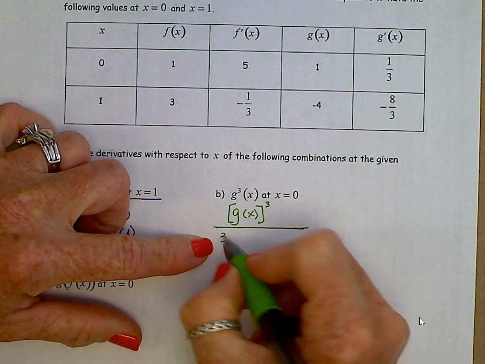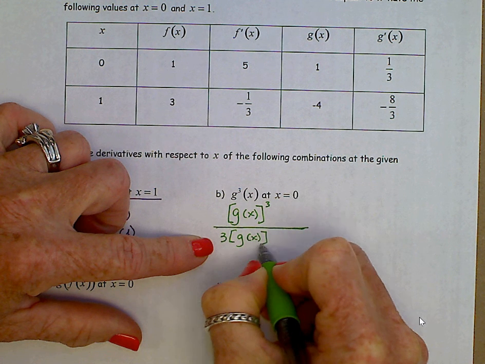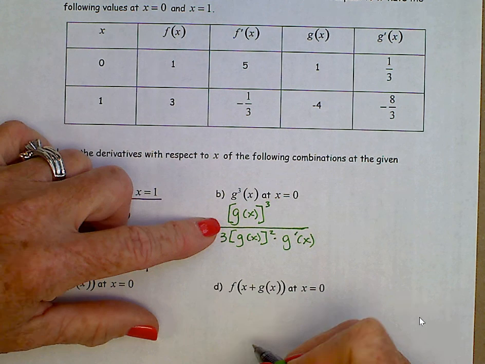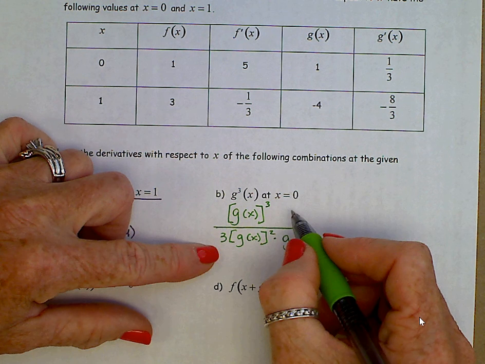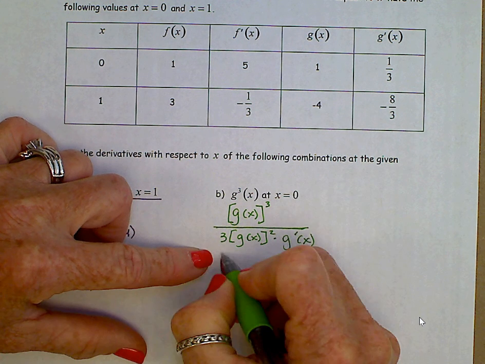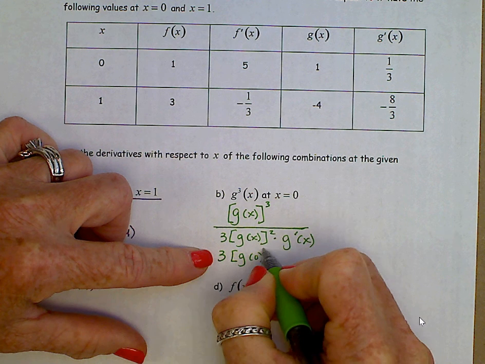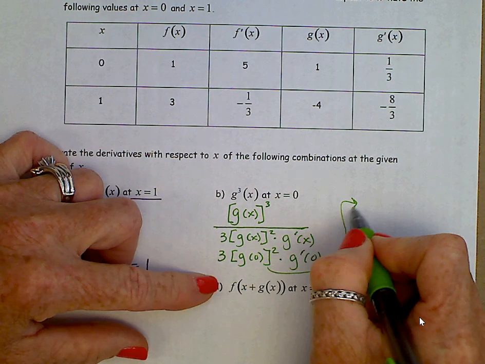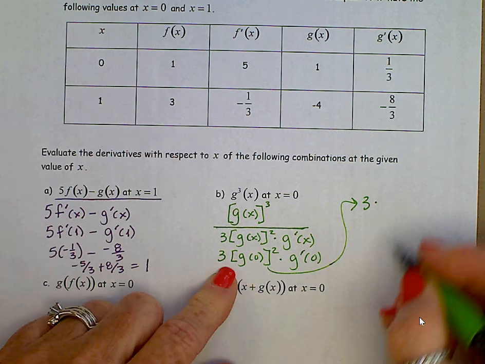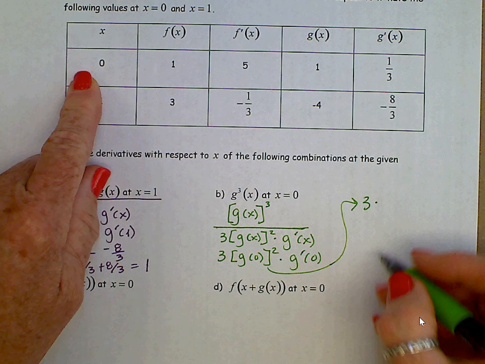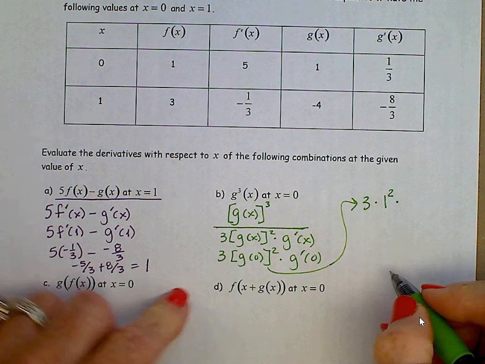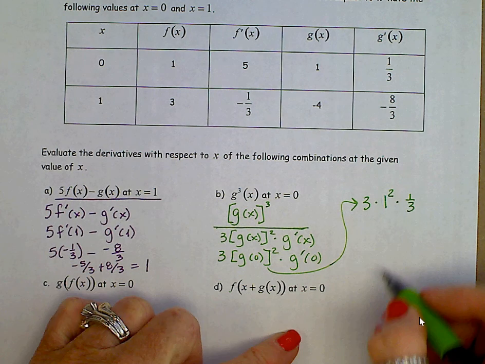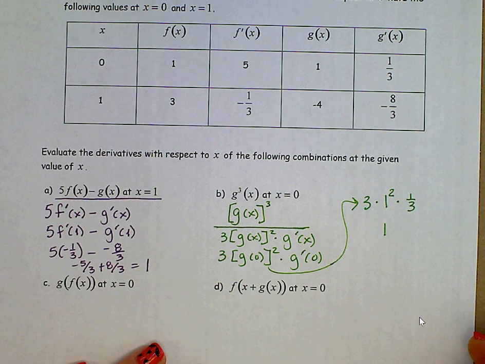That's 3 g of x squared times the derivative of the inside, g prime x, and we are going to evaluate this at x equals 0. 3 g of 0 squared times g prime of 0. Now read the table. G of 0 is 1 times g prime of 0, 1/3. And again, purely by coincidence, we end up with an answer of 1.